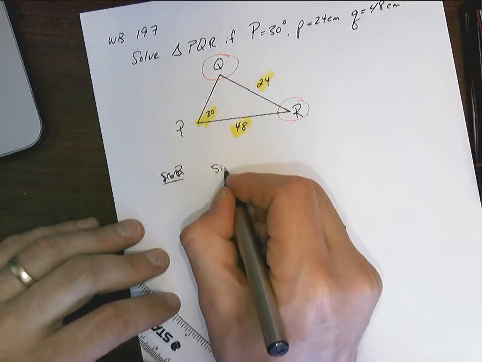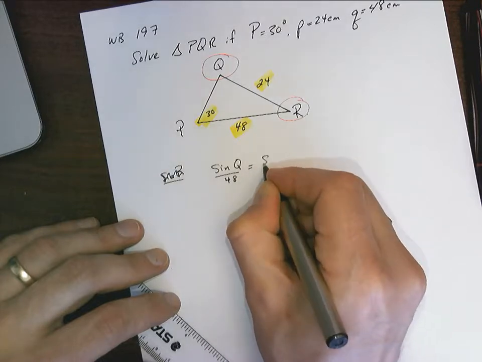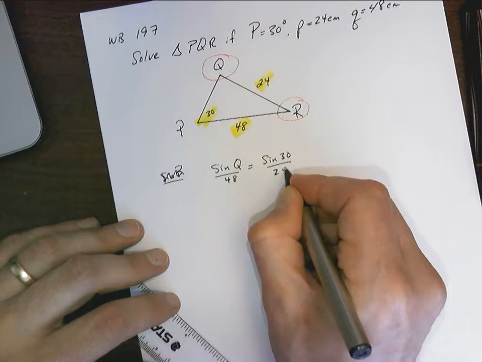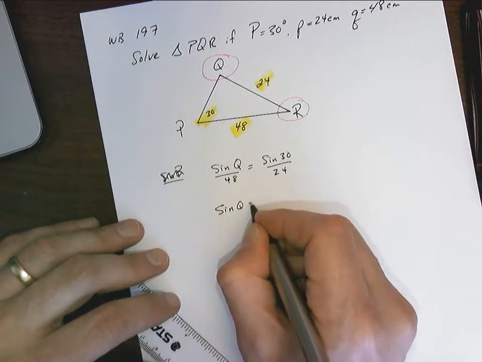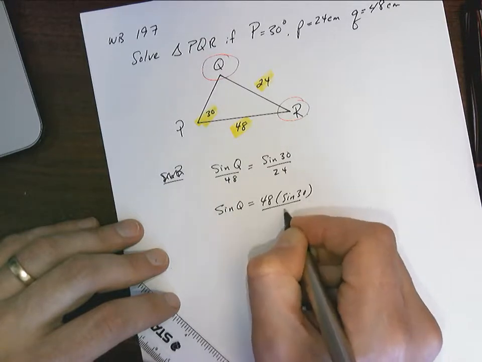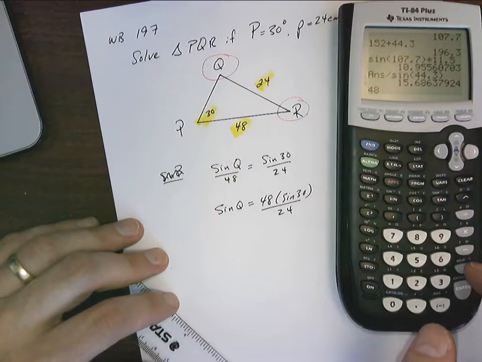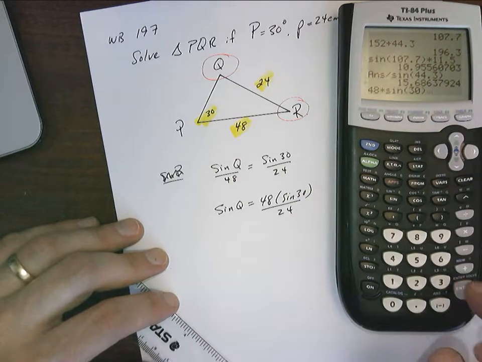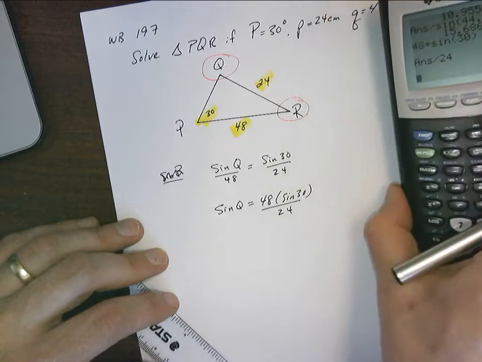So, sine Q over 48 equals sine 30 over 24. Rearranging that, that'll be sine Q equals 48 times sine 30 over top of 24. Using my calculator, it's going to be 48 times sine 30 end bracket equals divided by 24 equals 1.